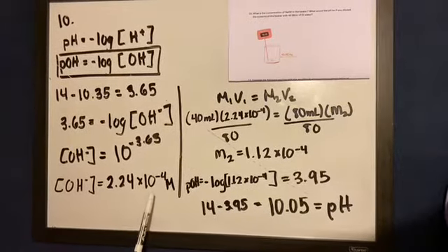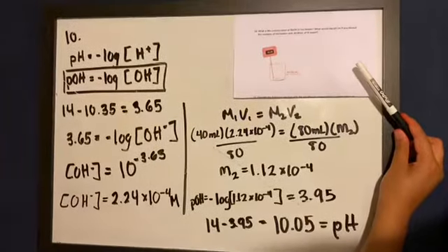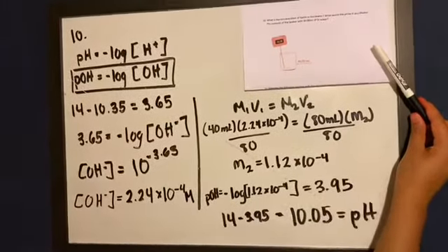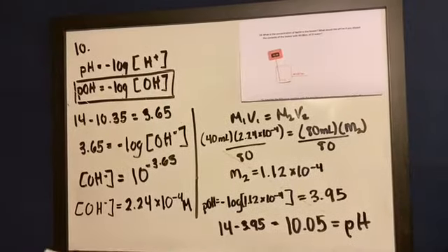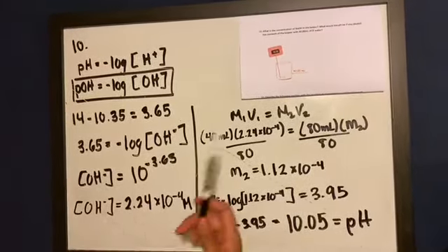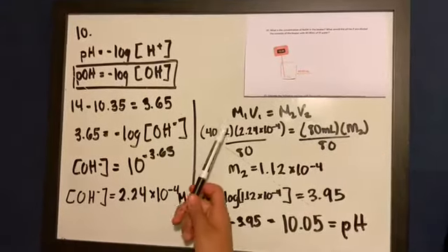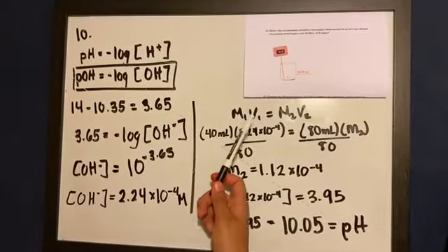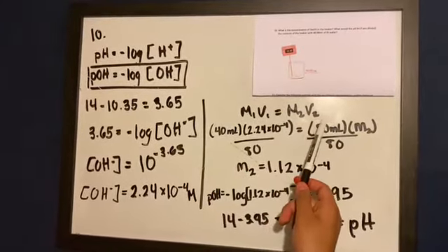And then now it wants to know what the pH would be after it is diluted by 40 milliliters. So assuming that the volume is additive and we are adding the diluted water into the concentration we already have, we are going to use molarity of the initial times the volume of the initial equals molarity of the final times the volume of the final.